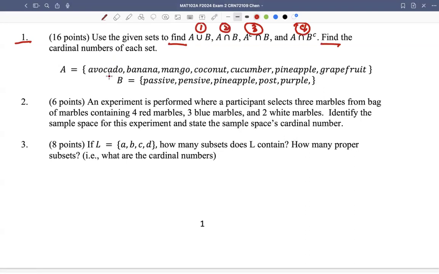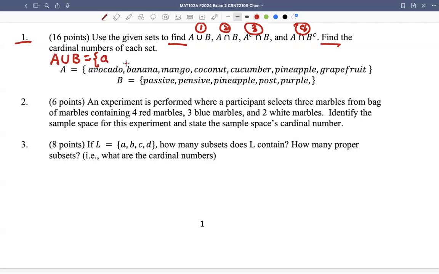All right, some of you used the abbreviation. That's perfectly fine. So let's do the first one, A union B. For union, think about uniting them together. So every element in either one has to be in this union. Okay, we have avocado.